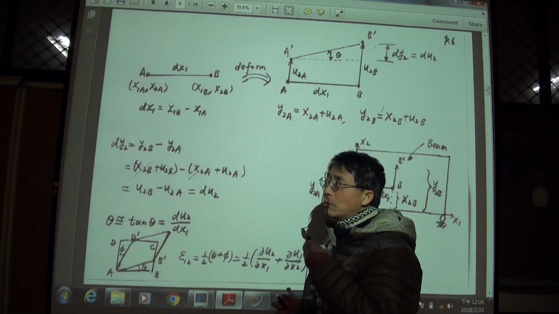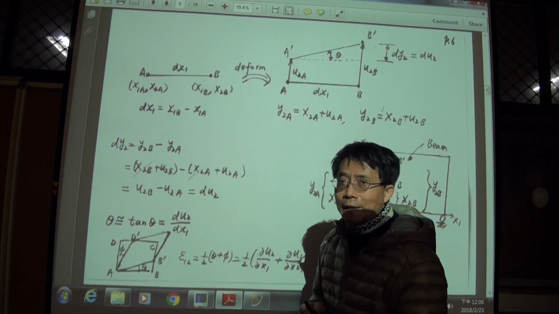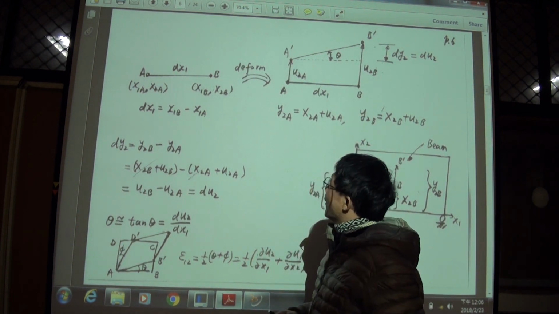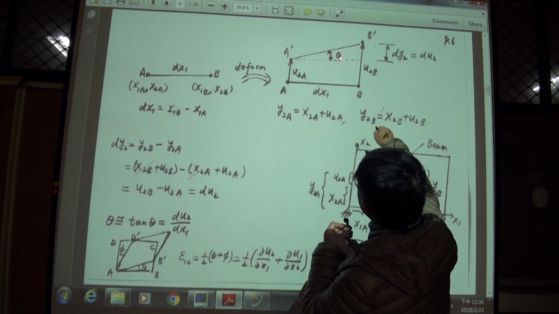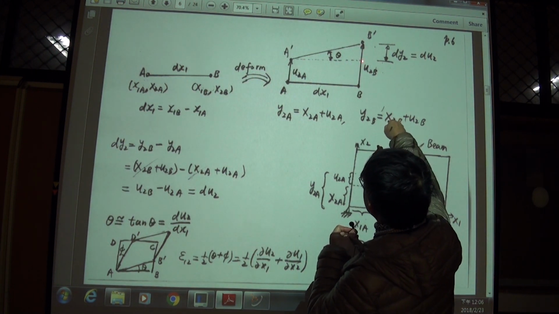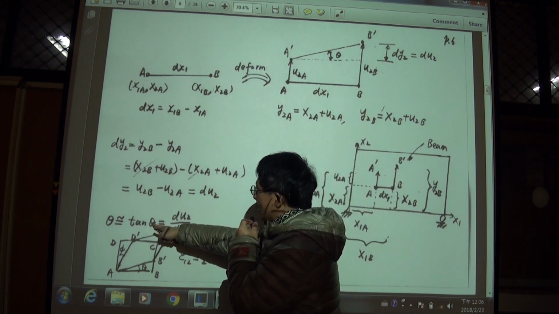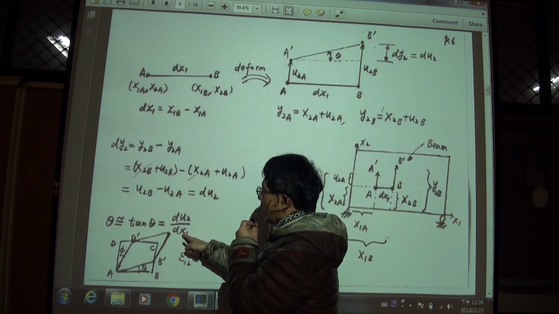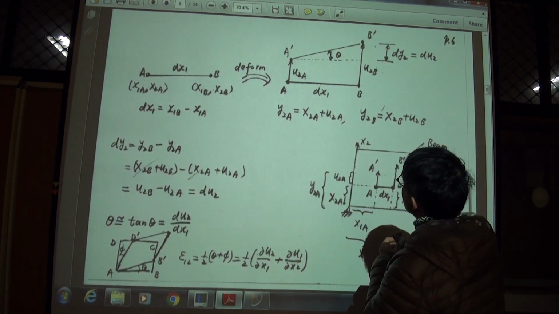Okay, so we want to calculate the inclined angle theta here. Now we want to remind you, tangent theta equals du2 divided by dx1. Let us look at the picture here.